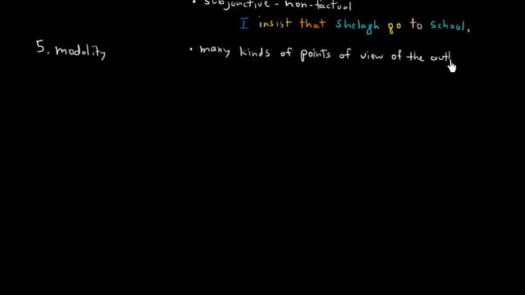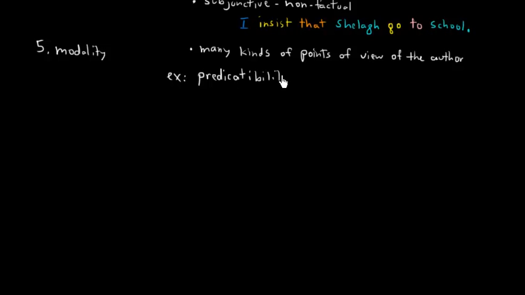Okay, and that's what modality is. It gives the point of view of the author. Okay, and I'm going to give a few examples. Like I said, there's a lot, and I'm going to give some common ones. And again, these have big words, but it turns out that they're really pretty simple concepts.